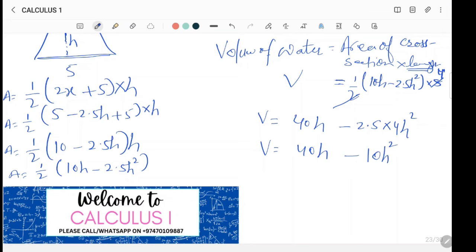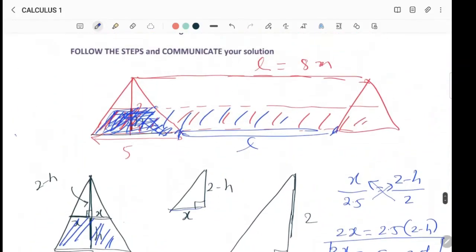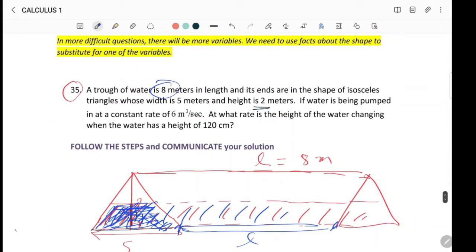Now since we got the volume expression, we need to find what are the other things given. If water is being pumped in at the constant rate, okay, so dV over dt is given to us. At what rate is the height of water changing when the water has height? Okay, dh over dt we have to find when water height is 120 centimeter.